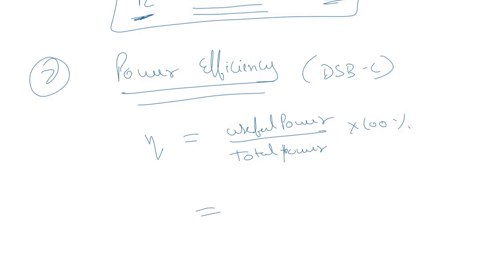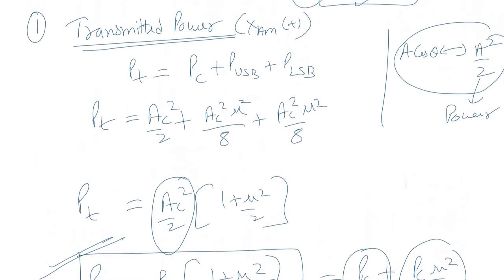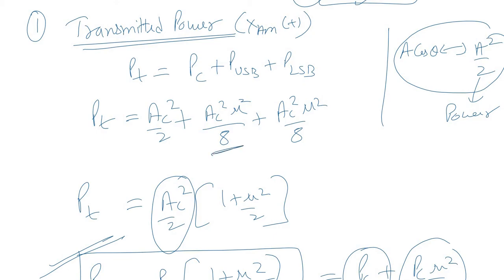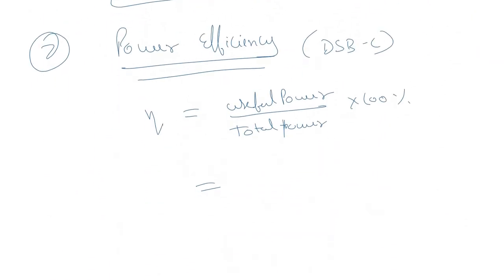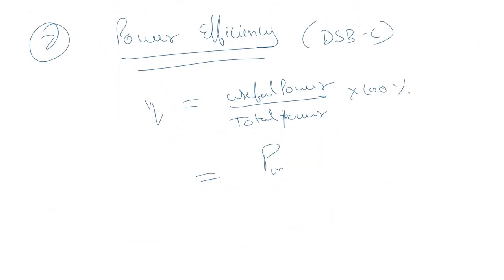So what is the useful power over here? The useful power is the power contained in the sidebands: power in the upper sideband plus power in the lower sideband. So eta is the power in the upper sideband plus the power in the lower sideband, divided by the total power.